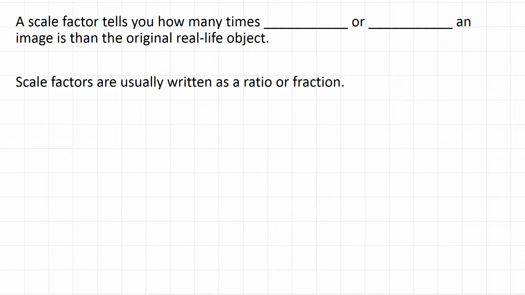A scale factor tells you how many times smaller or how many times bigger an image is than the real life object or thing that it's representing. So scale factors are usually written as a ratio or a fraction, and it'll look something like this.